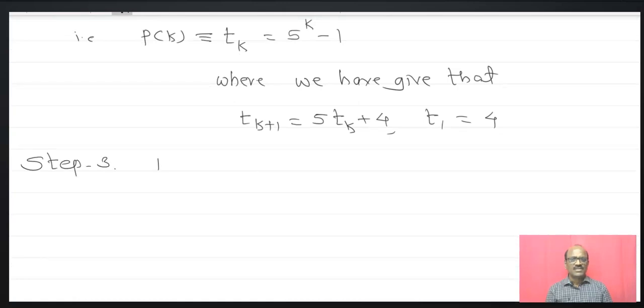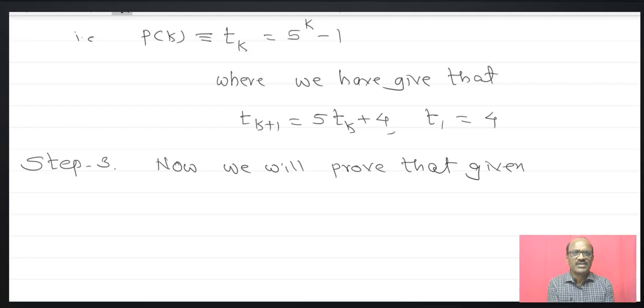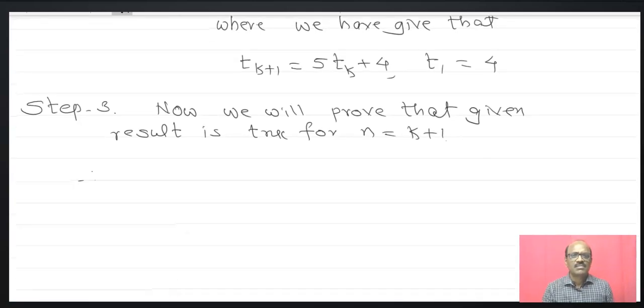Now step number 3, which we call the succession. Now we'll prove that the given result is true for n equals k plus 1. Therefore t_{n+1} equals 5t_n plus 4.